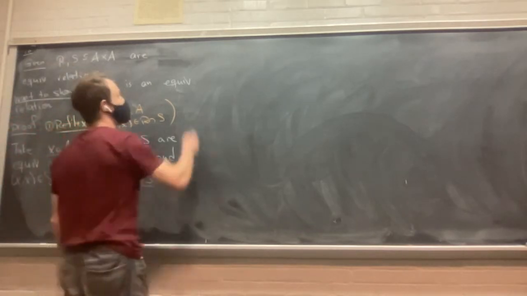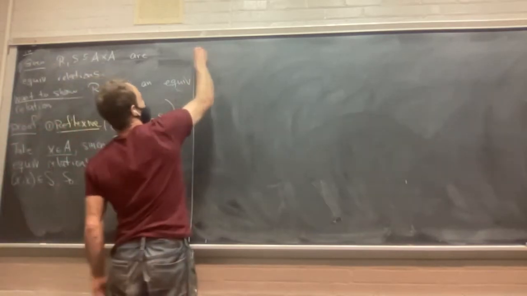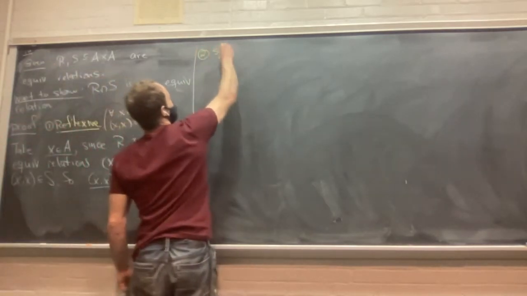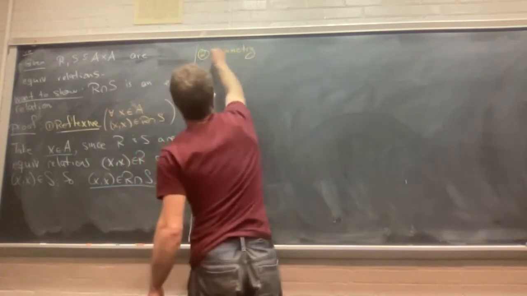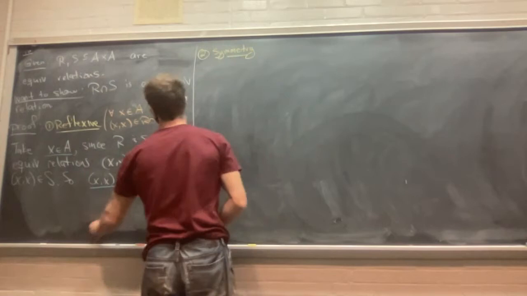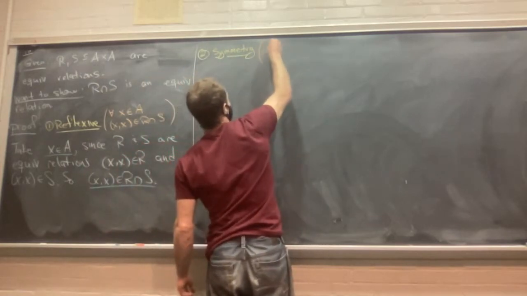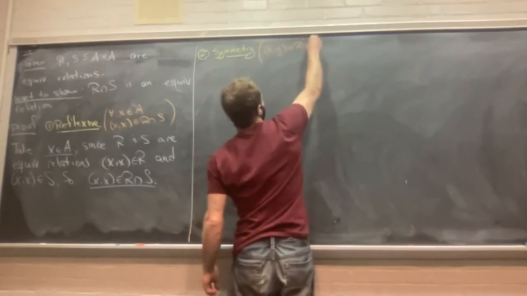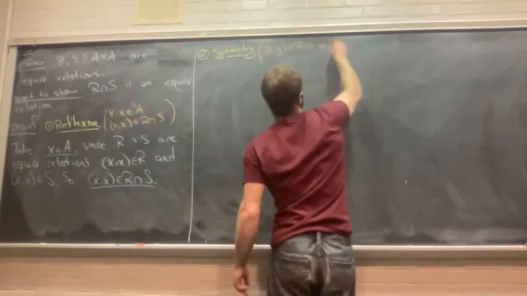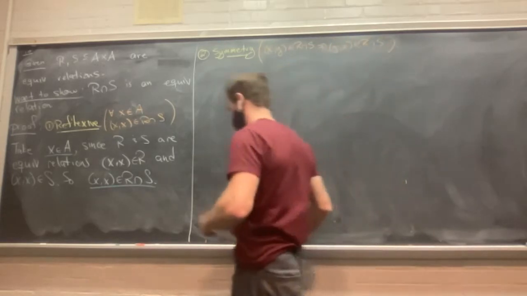So let's see the next one. That'll be symmetry. Let's see what we would need to do for that. If (x, y) is in R intersect S, then that means (y, x) is in R intersect S, right?